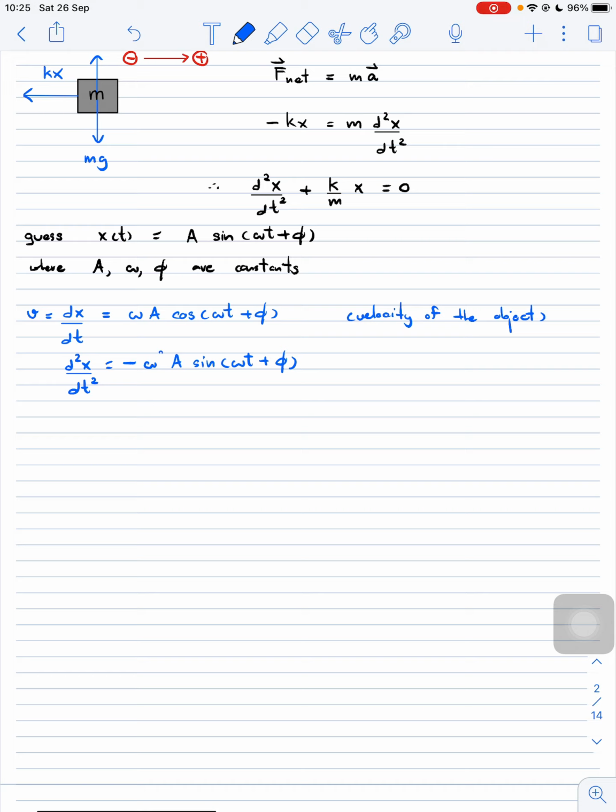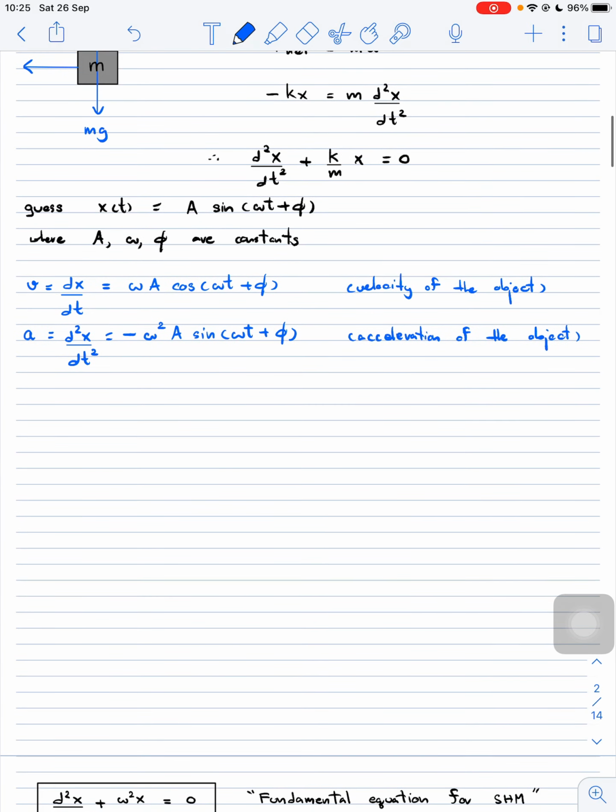That's why we have omega square here. Don't forget that the derivative of the velocity is just this expression. So this is going to be the acceleration of the object.